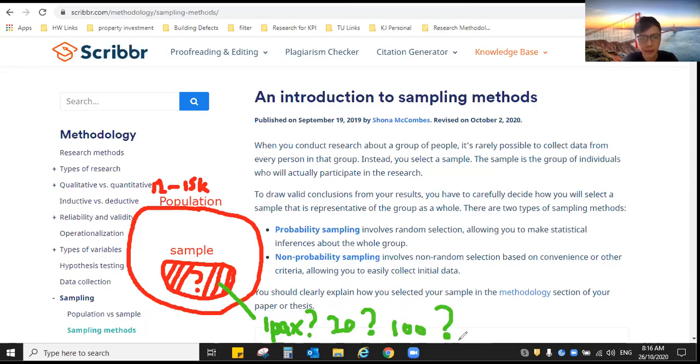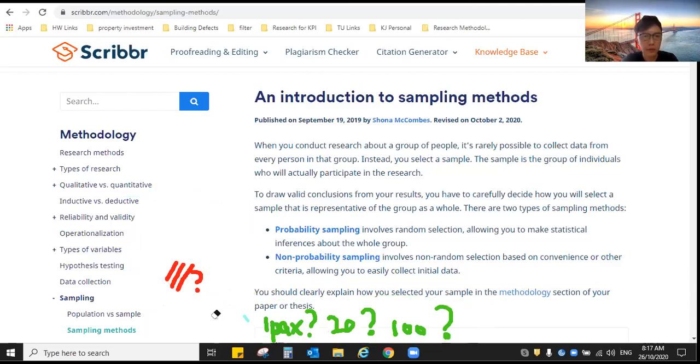So what number represents these 12,000? Later we will have a look. Remember this, sample is the number of people to represent this population. Until here, we stop first. How many people? Later I will teach you how to determine it.